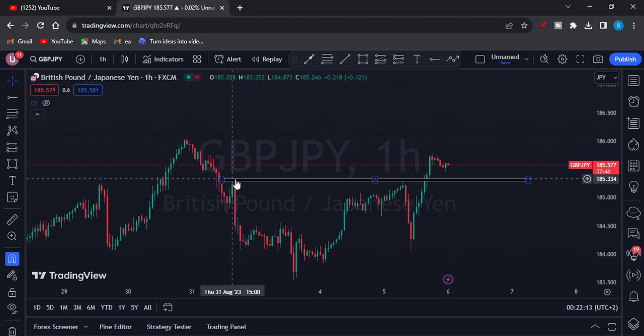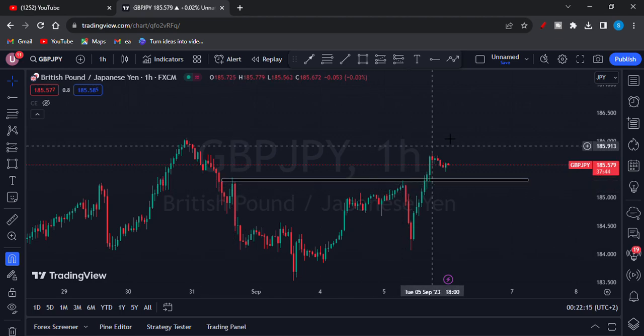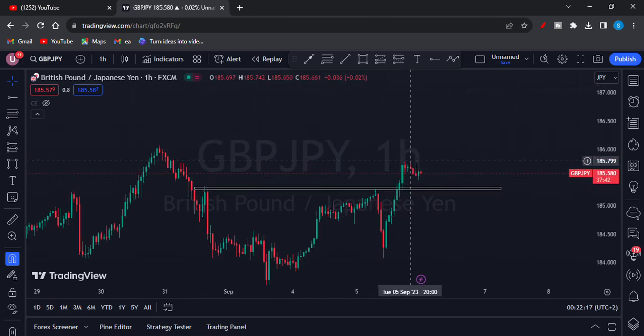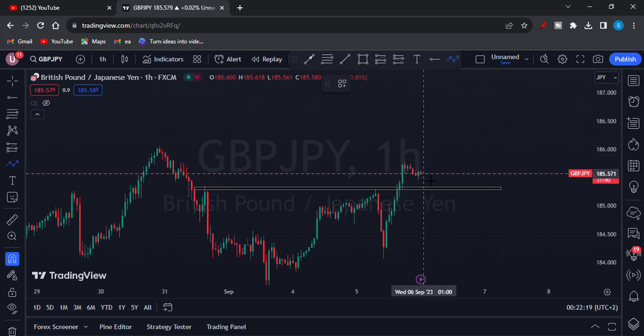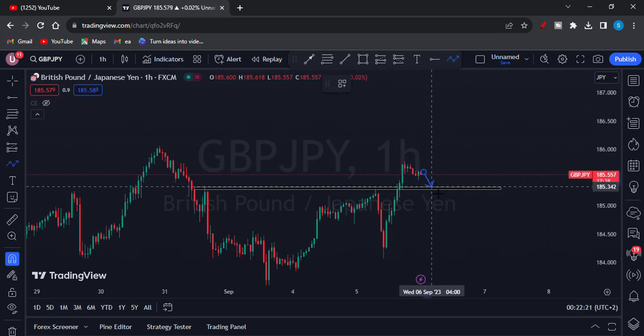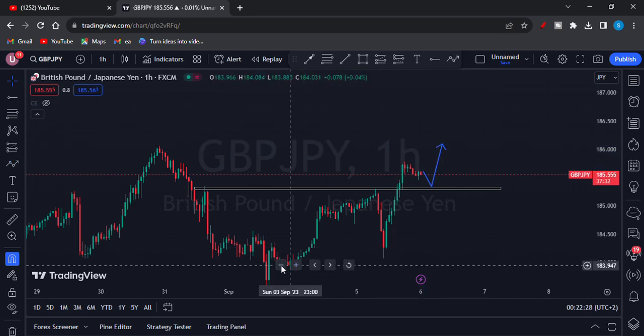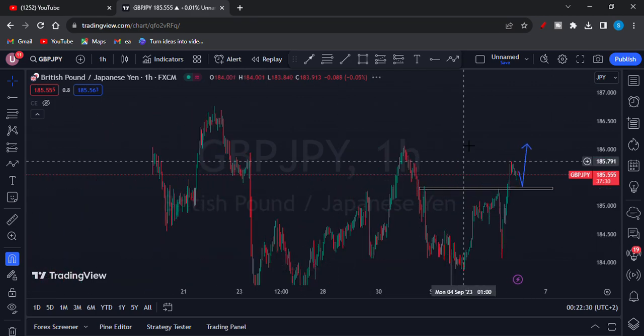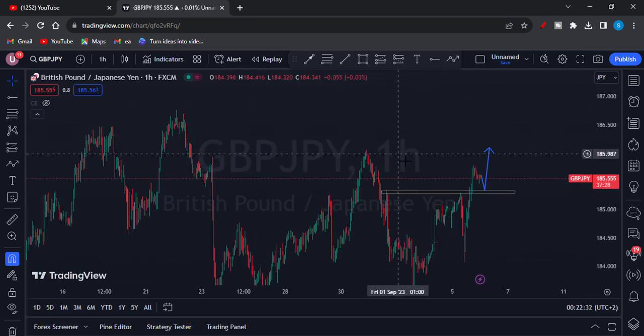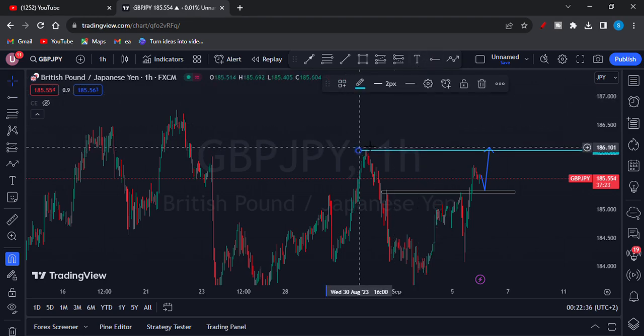So here being a resistance, and then finally broke the resistance. So what I'm going to expect is the market to come around this former resistance, all the way potentially up to here. Let's see, even potentially up to, yes, for now here.